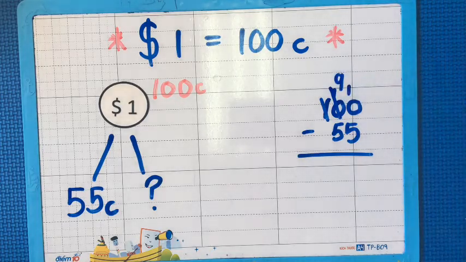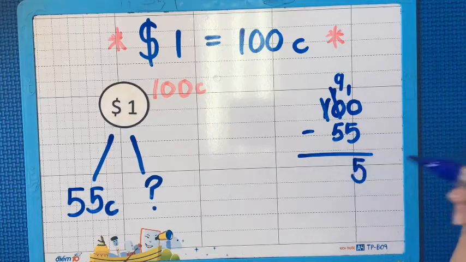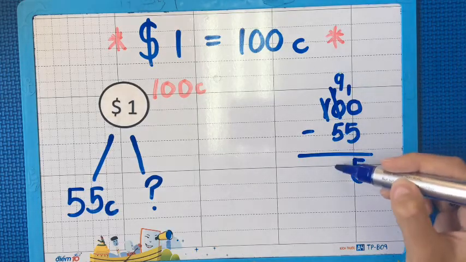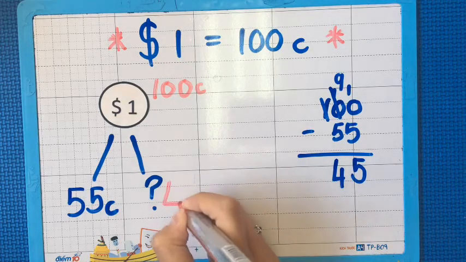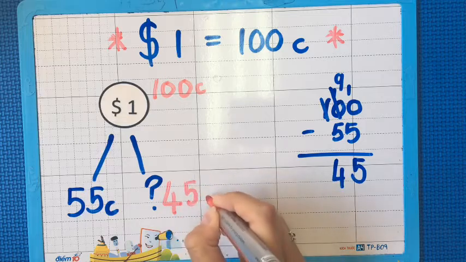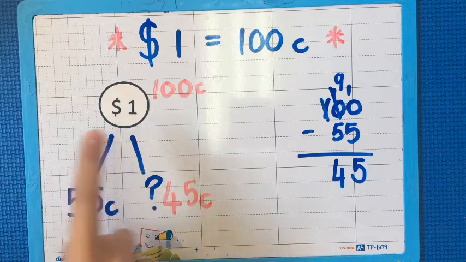And I carry the 1. 10 take away 5 is 5. 9 take away 5 is 4. And I need to give that person 45 cents change.